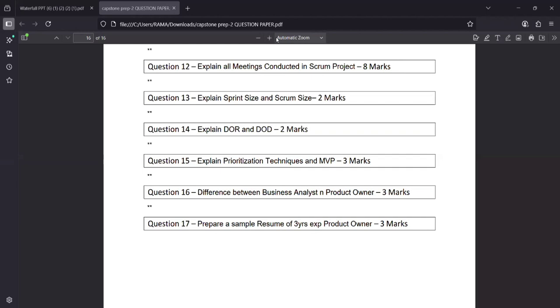Let us know what prioritization technique and MVP are. A prioritization technique in Agile helps decide what features or stories to do first. We discussed priority initially, and it is the same here.